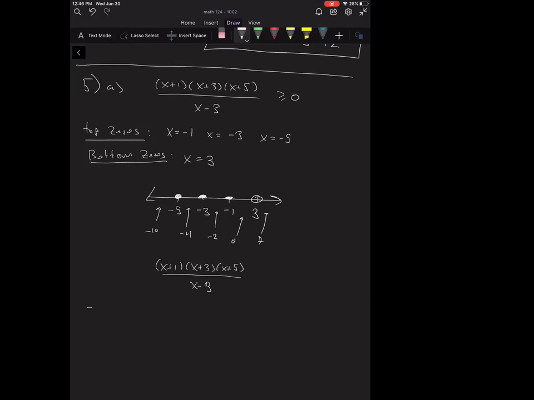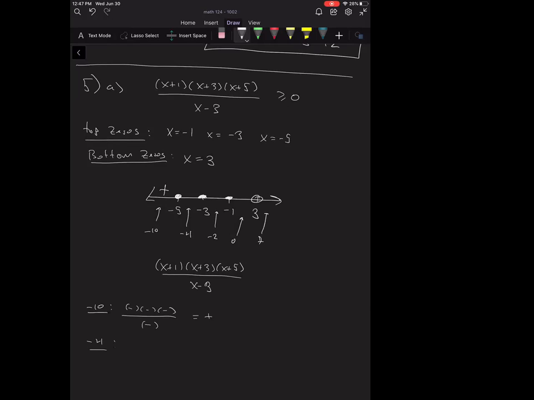So let's start with minus 10. If we plug minus 10 in, each of these three terms are going to be negative, and the term on the bottom will also be negative. So we have 4 minus signs, which gives us a positive sign. So we put a positive sign right here.